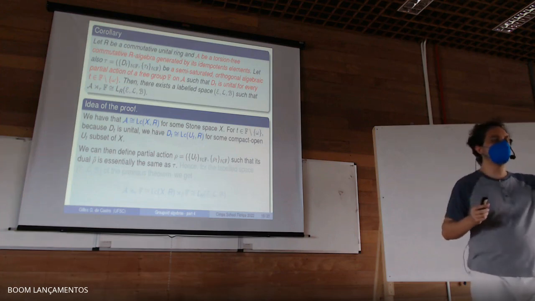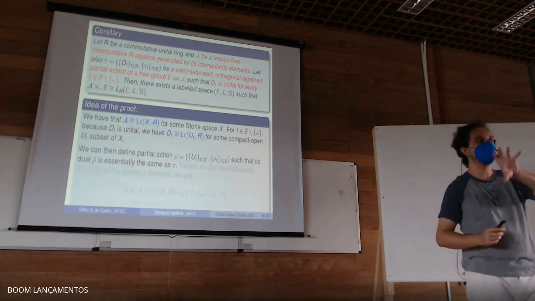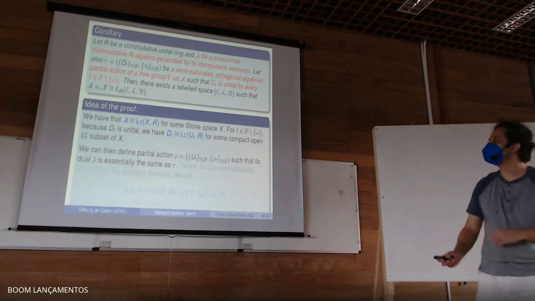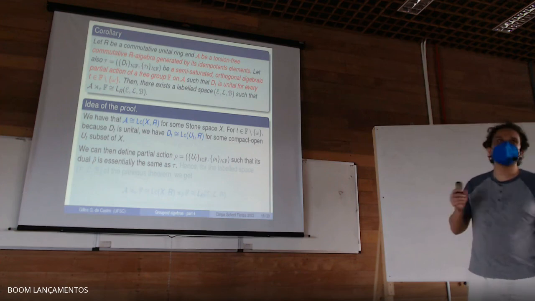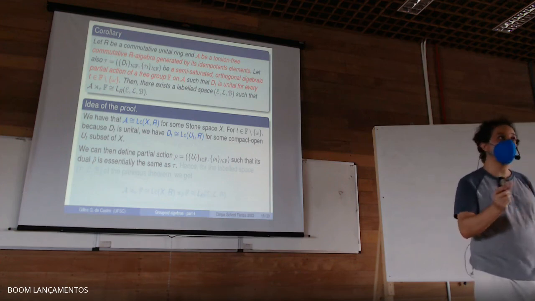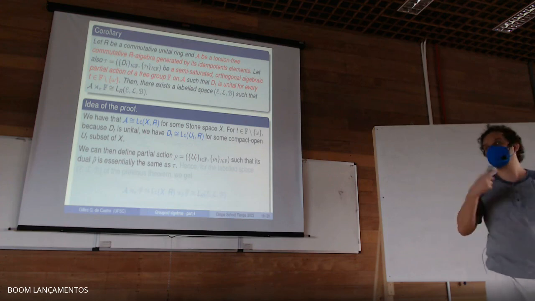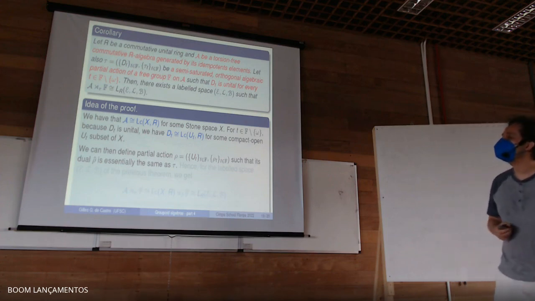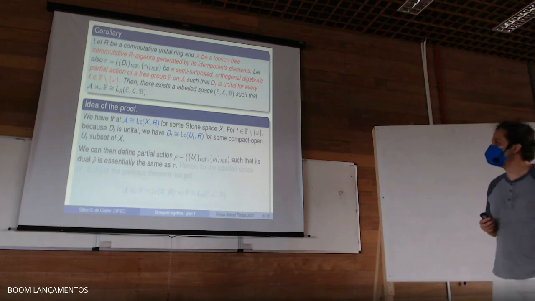I just explained from the topological how to go to the algebraic, but from the algebraic we can also go to a topological partial action, because isomorphisms or homomorphisms between algebras preserve idempotents, so they're going to preserve the Boolean algebras, and we're going to take the duality, or Stone duality.